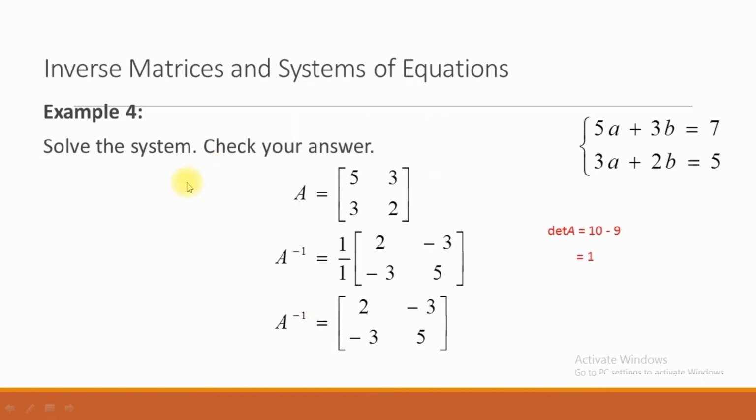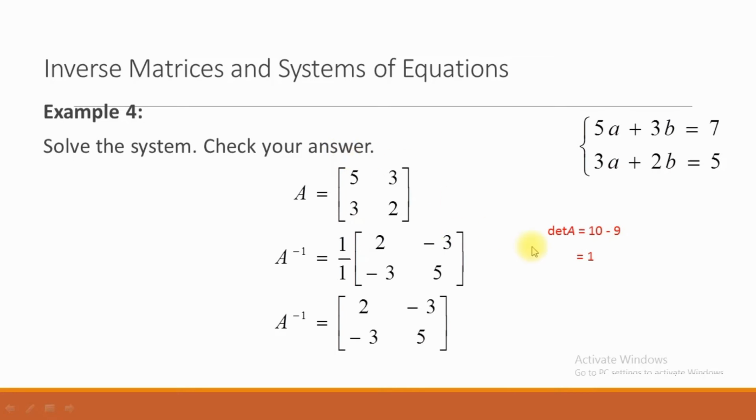Now let's find the solution of another system and check the result. This is example number 4. In this system we have the coefficient matrix 5, 3, 3, 2, and the determinant of this matrix is 2 times 5 is 10, and 3 times 3 is 9. So 10 minus 9 is equal to 1.